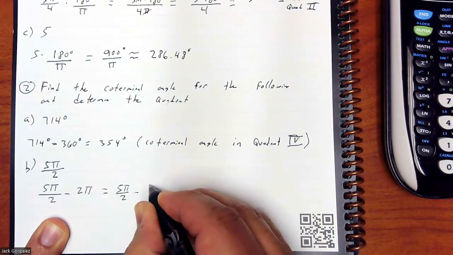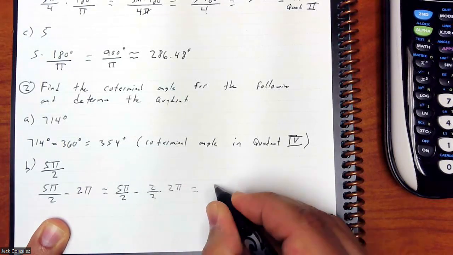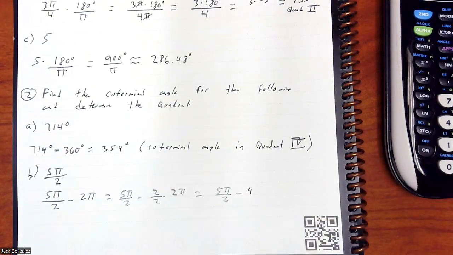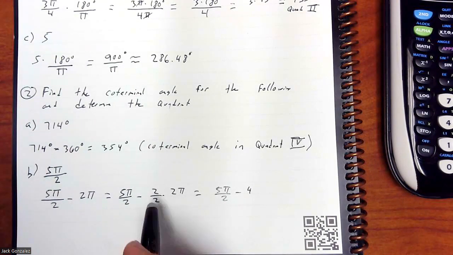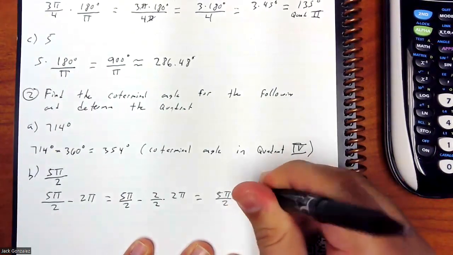So this one will need 2 over 2 on the 2 pi to get 5 pi over 2 minus 4 pi over 2. Oops, I'm sorry.